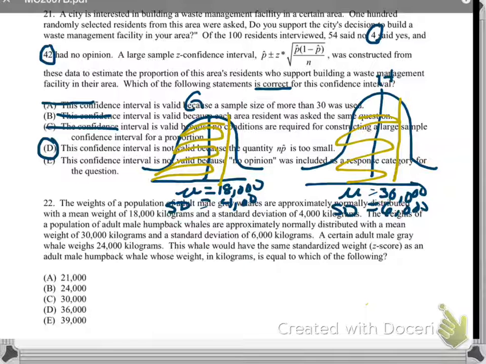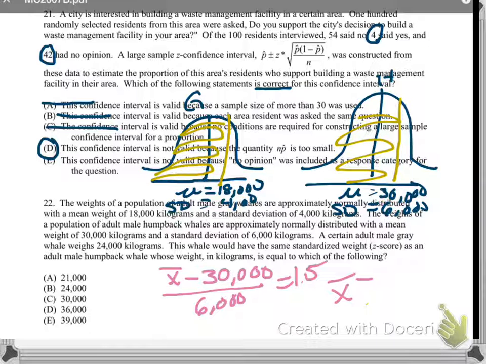So I have to find my statistic minus 30,000 divided by 6,000. And remember, it has to equal 1.5. So now on my calculator, I'm going to do 1.5 times 6,000, and then I'm going to add 30,000. So I get 39,000. So my statistic is equal to 39,000. So the answer is E.